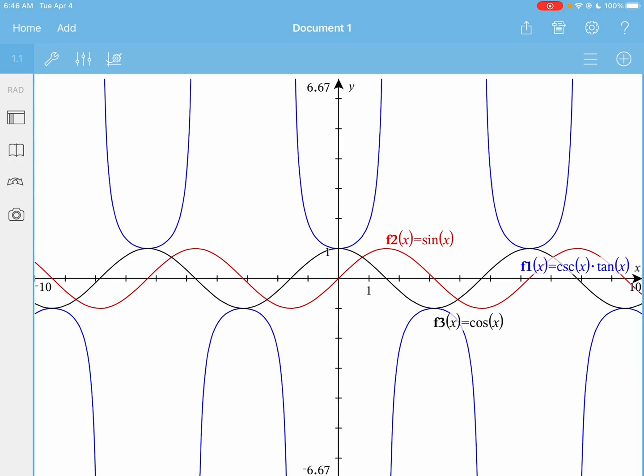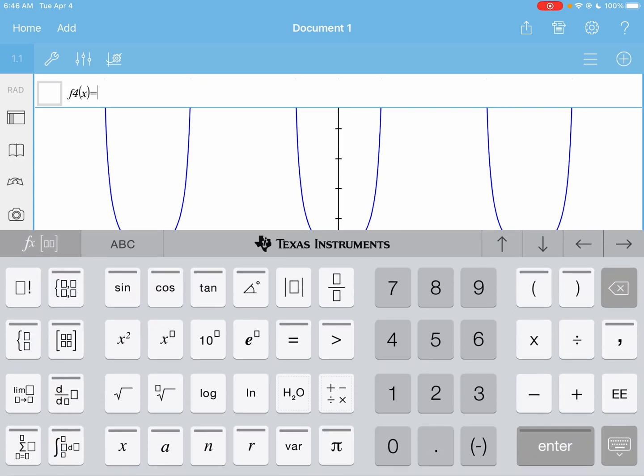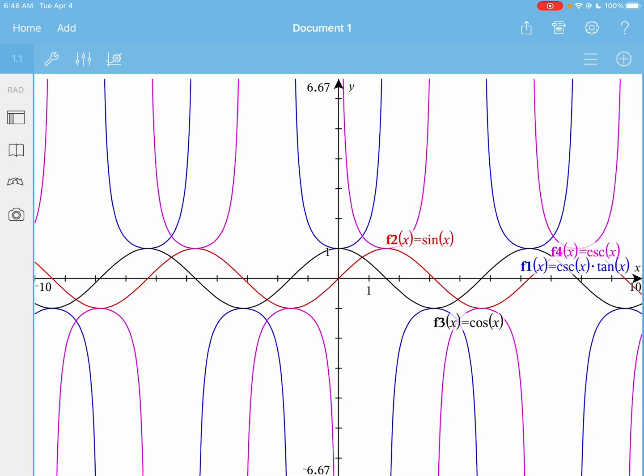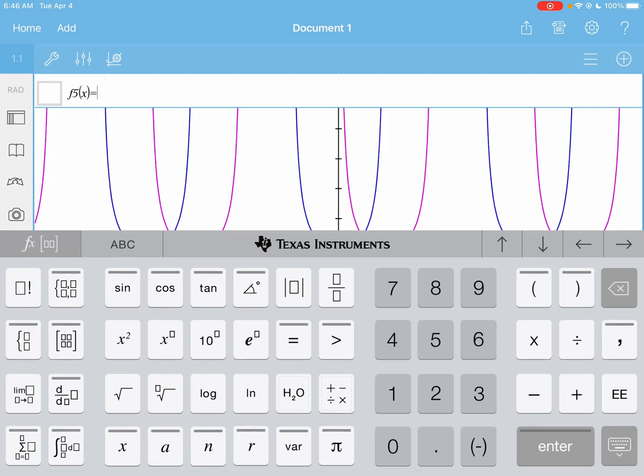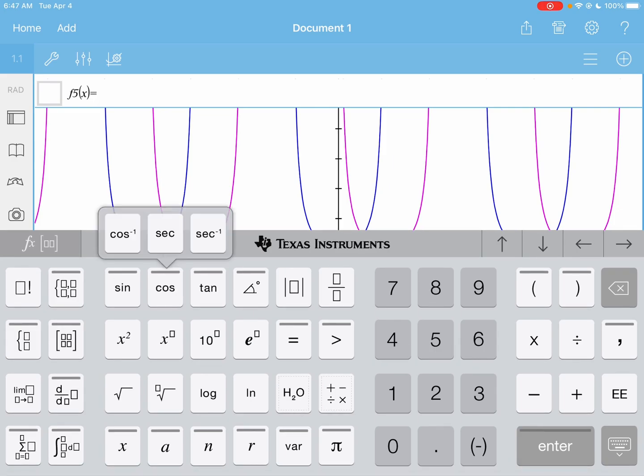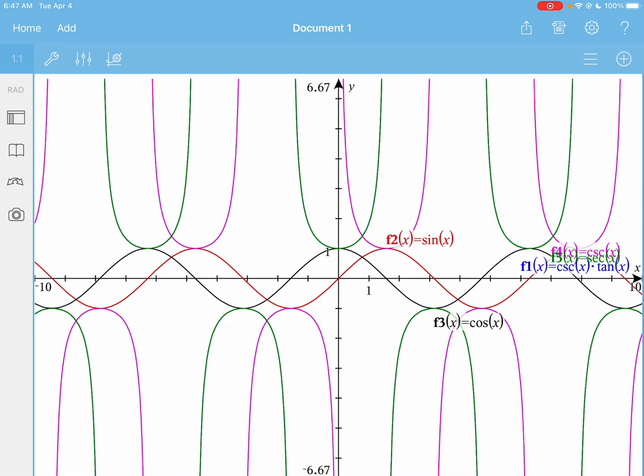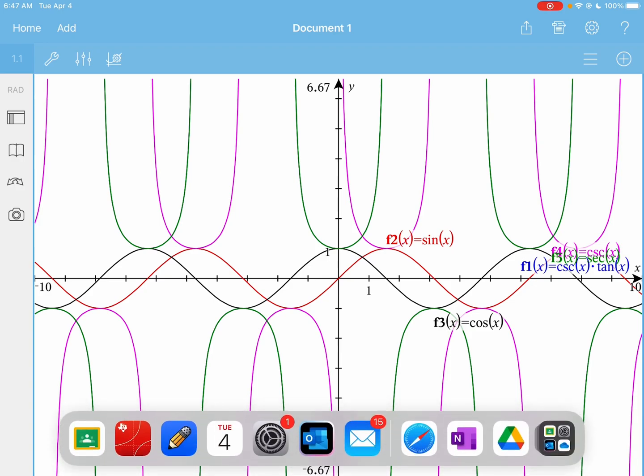If I graph cosecant x, it got close, but it's not quite there. And then if I graph secant x, I see that that green graph covered the blue graph that I wanted, so that's how I can see my answer using a calculator.